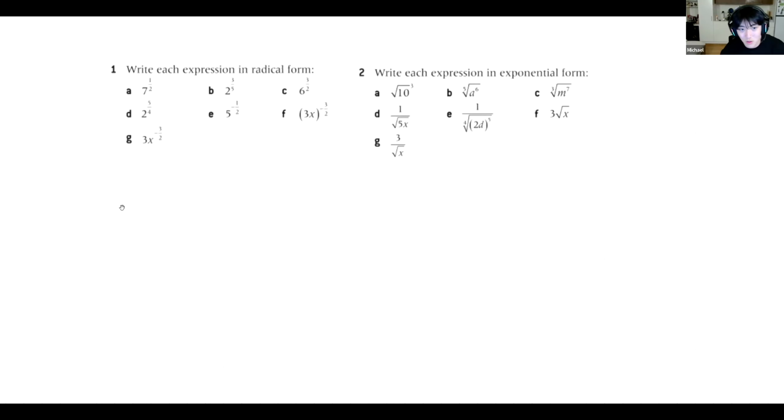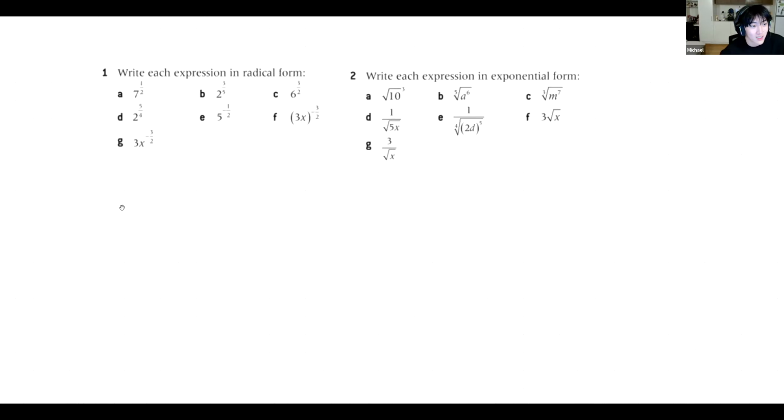All right, so now everyone do question 2. In this case, we just want the answer to be in the form of something like this, a to the power something, b to the power something, and we don't want fraction or negative powers.